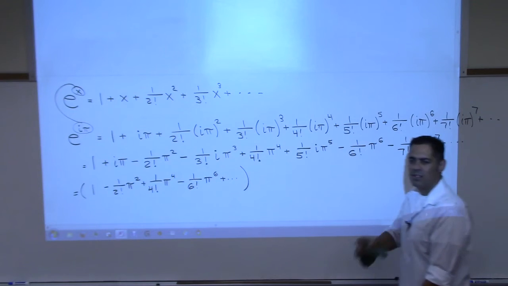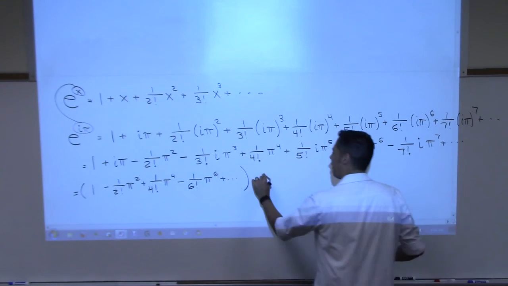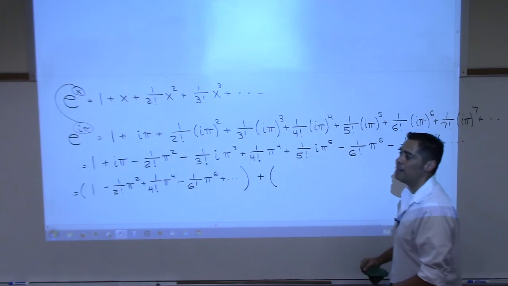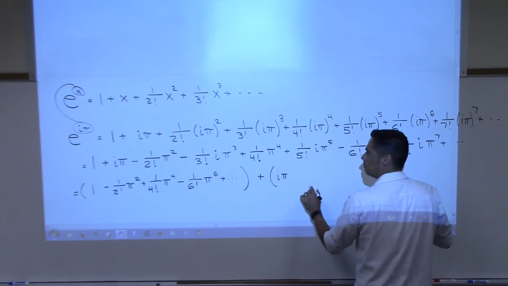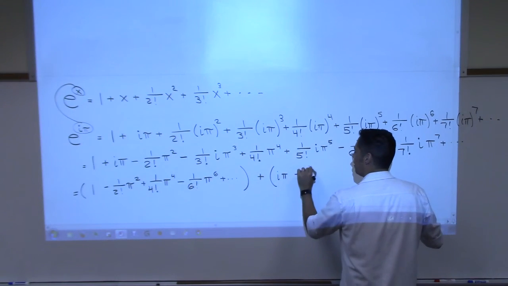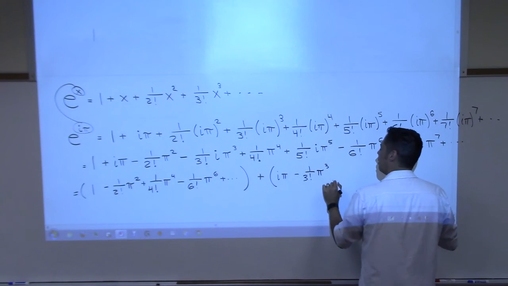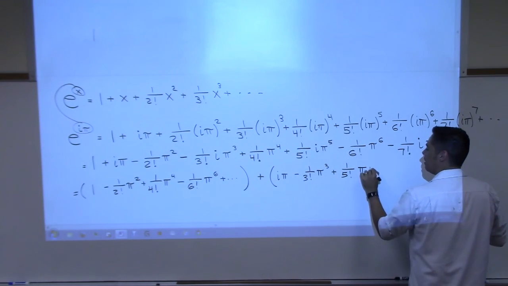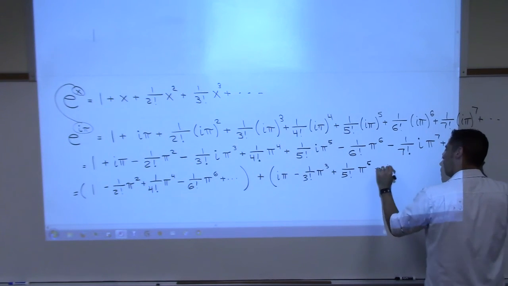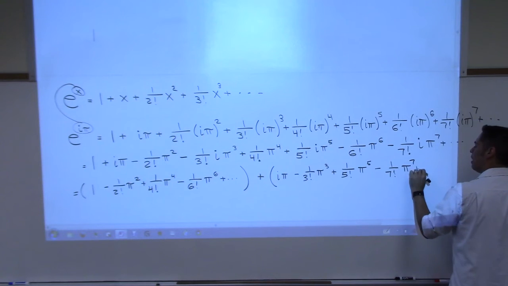Those are all the terms that do not have i in them. Plus all the terms that do have i in them. i pi minus 1 over 3 factorial pi cubed plus 1 over 5 factorial pi to the 5th. I have one more, minus 1 over 7 factorial pi to the 7th plus dot, dot, dot.